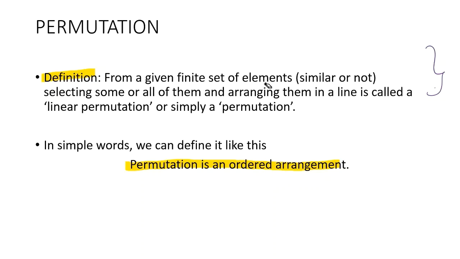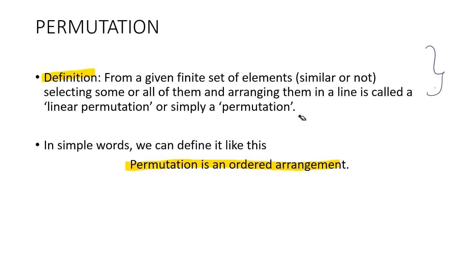So look at the definition carefully. We have a finite set of things. Those things can be similar or distinct. And we can select all the things or a few. After selecting, we have to arrange them in a row. If you arrange them in a row, it's going to be a linear permutation.